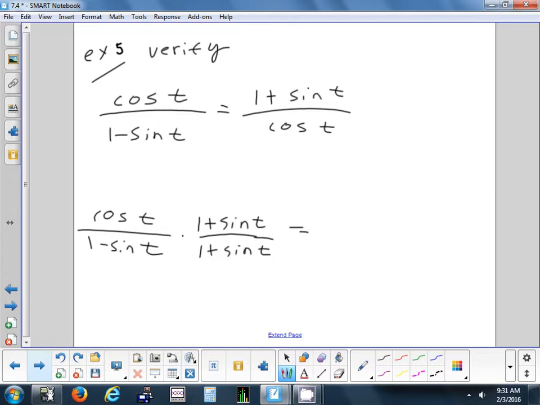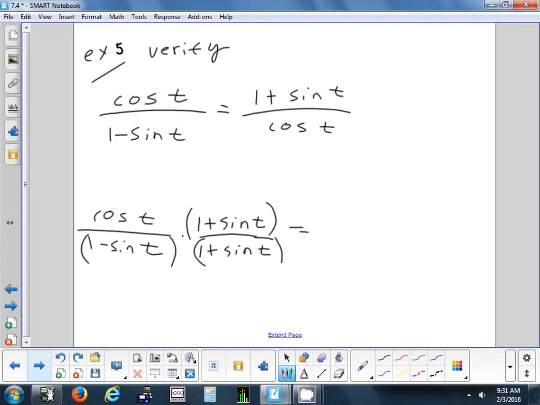All right. Now we have to distribute things out. I'm not going to distribute what's in the top. The reason? I'm looking at my final answer. My final answer is supposed to have a 1 plus sine in the top. Right now, I have a 1 plus sine, but I also have a cosine.